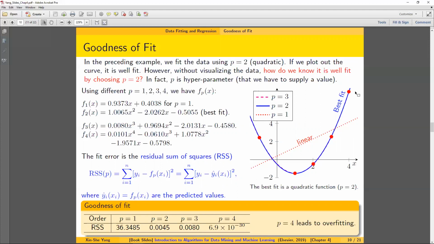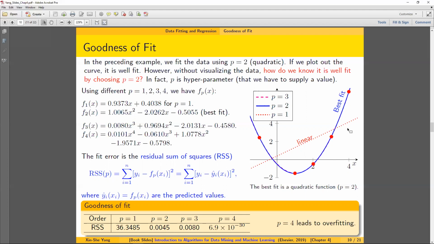And the question is how do we know it is well fit by choosing p equal to 2? Reality is p is a hyperparameter that we can adjust. In machine learning, you would come across a lot of cases that need some sort of search on the hyperparameter.